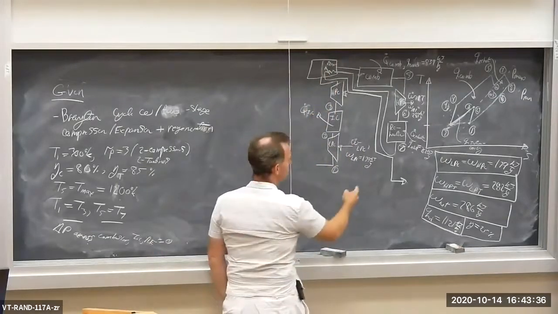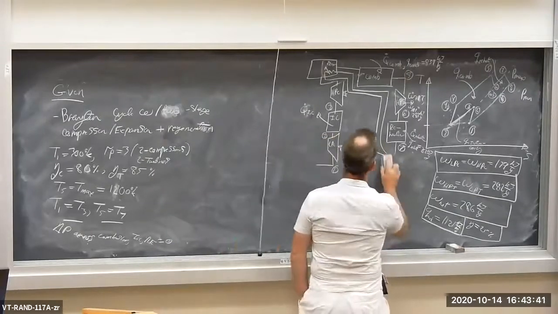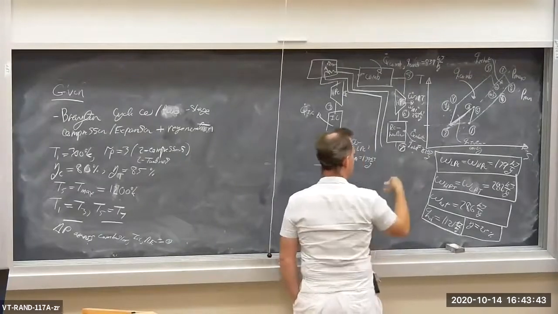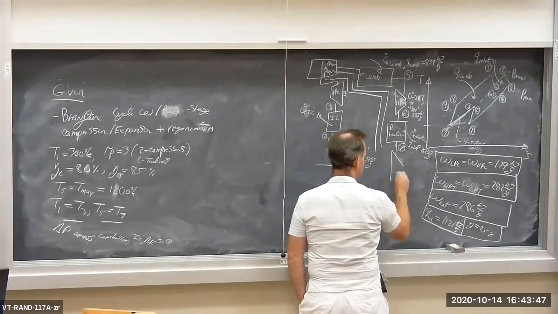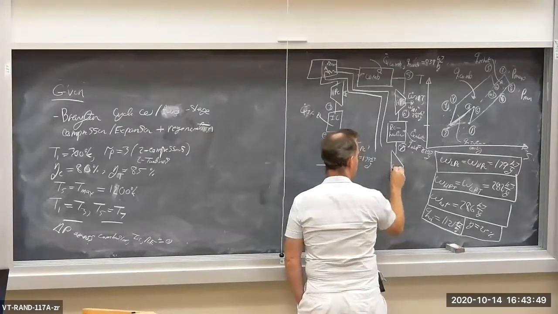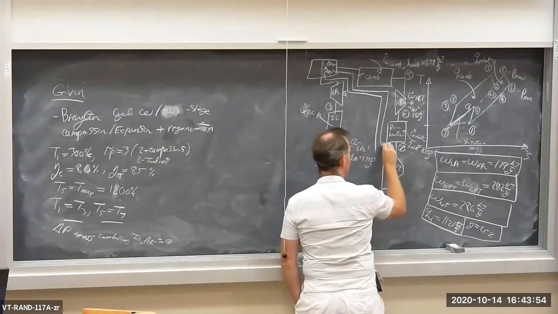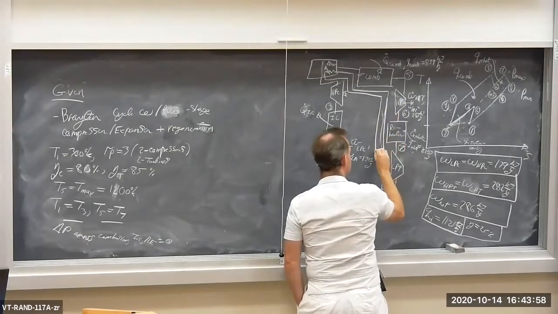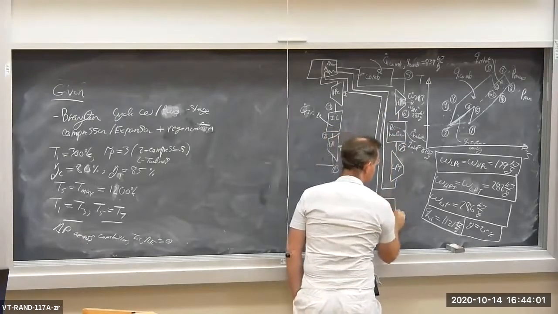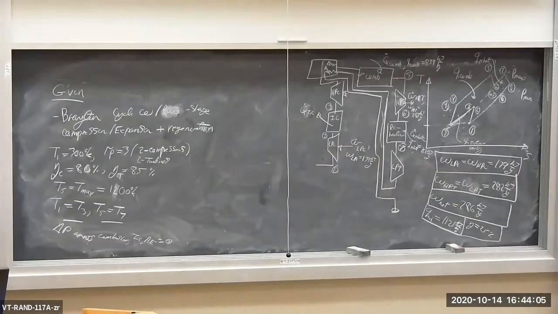Some heat is being transferred from the hot low pressure turbine. Some of that waste heat is taken from the hot LPT exit and recycled back into the cycle.